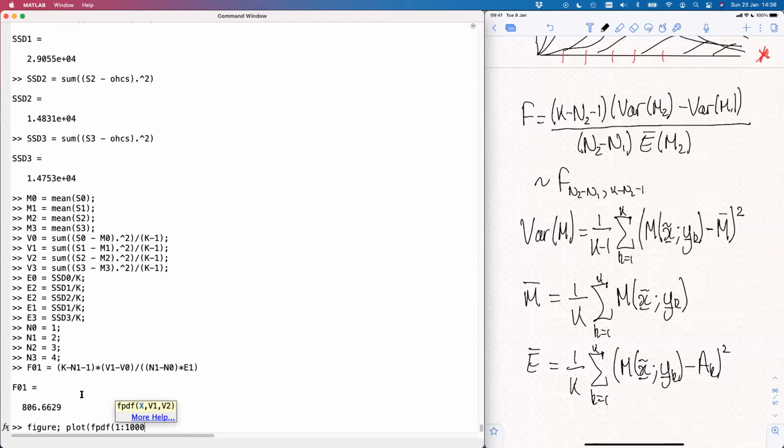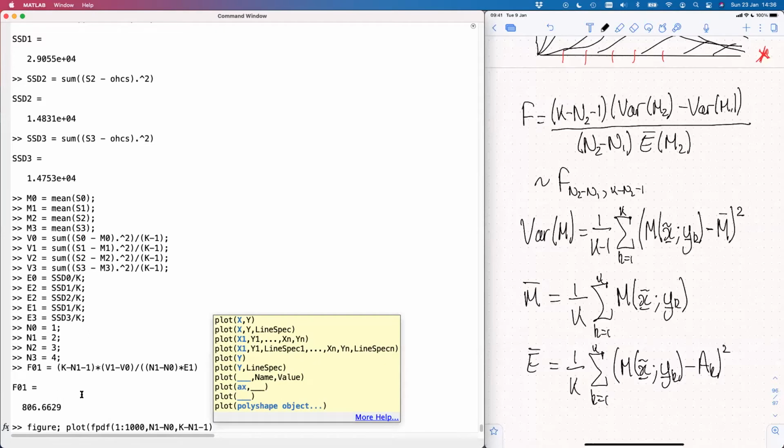FPDF is a MATLAB function that encodes this F distribution. The first argument is the value at which we want to evaluate it, and the next two are the degrees of freedom parameters. The first one is N1 minus N0, and the second one is K minus N1 minus 1. Let's plot that and see what it looks like.